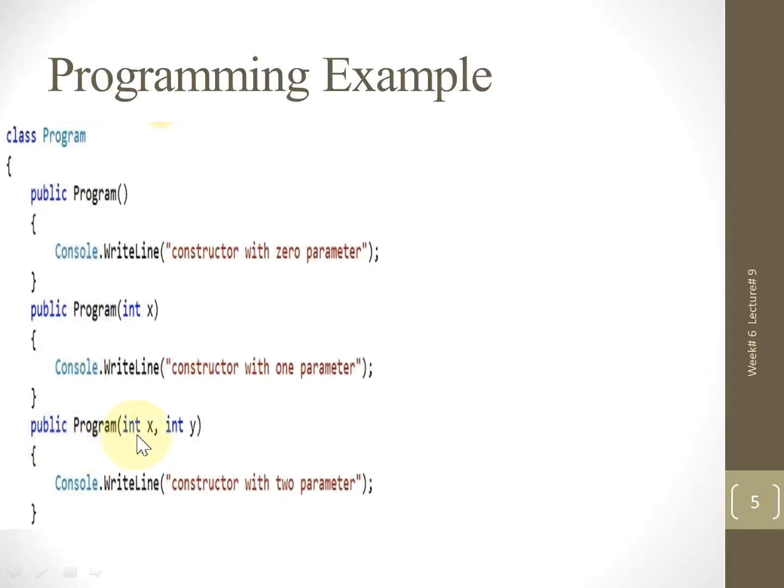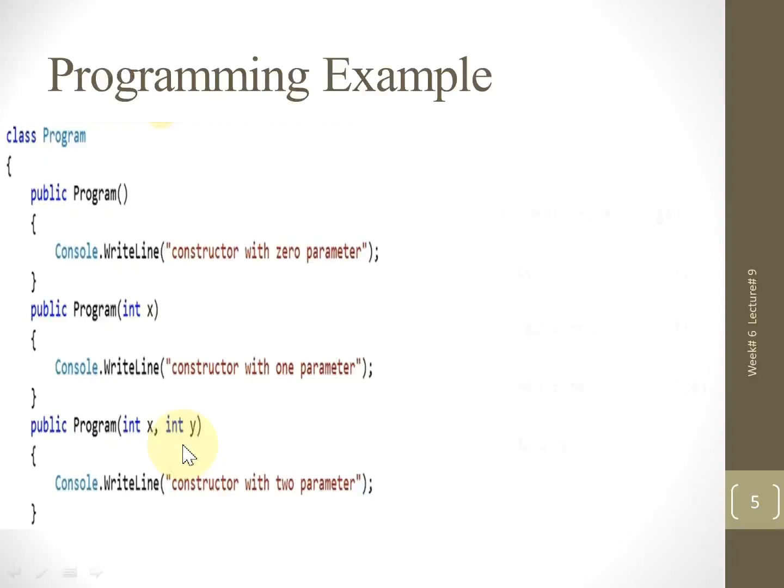This time we are receiving 2 integer type parameters, and we print a simple string message: constructor with 2 parameters. So this class has more than one constructor function, with different numbers of parameters: 0 parameters, 1 parameter and 2 parameters. So they are different from each other.